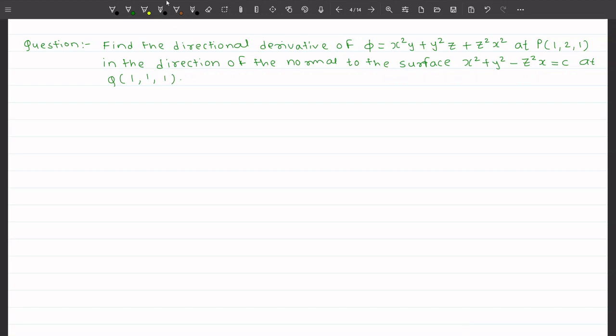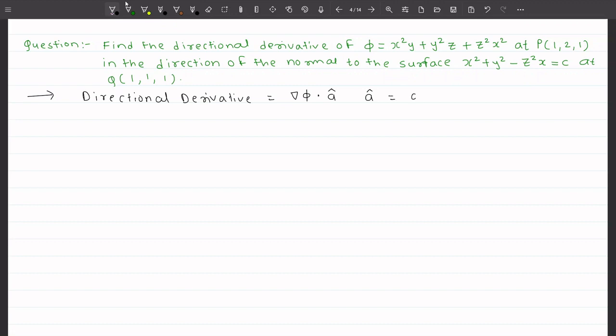So let us see how can we do this, right? Okay, so directional derivative is equal to gradient of phi dot a cap. What is a cap here?